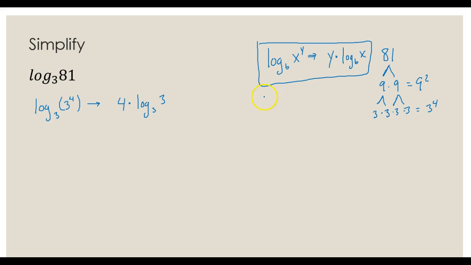There's a second one. If you have the log base b of b, that equals 1. And that's because, remember that a logarithm, log base b of x equals y, is just a fancy way of saying b to the y power equals x.